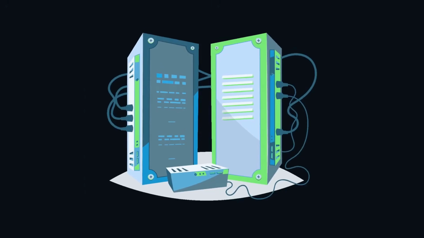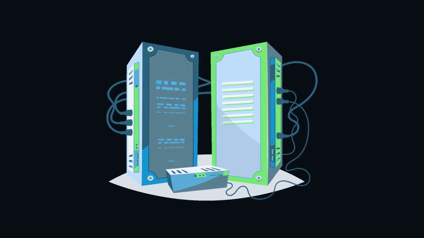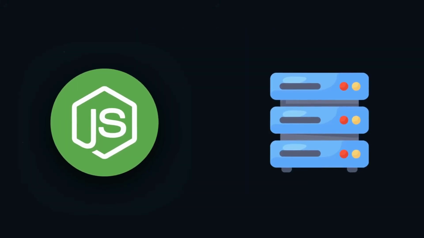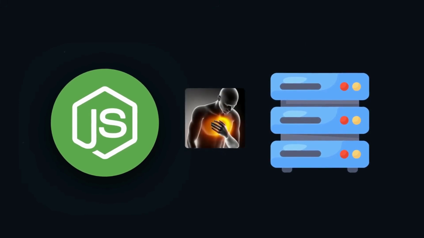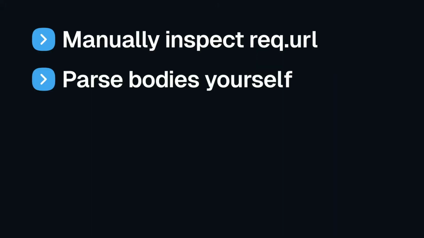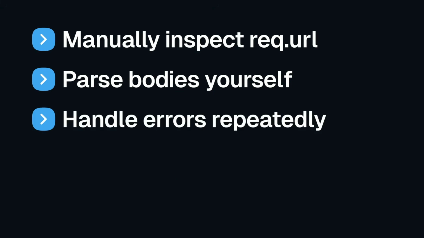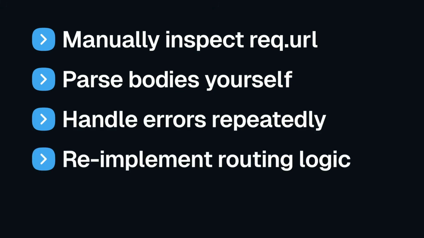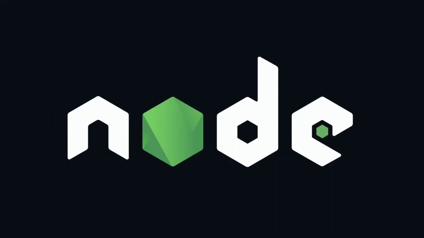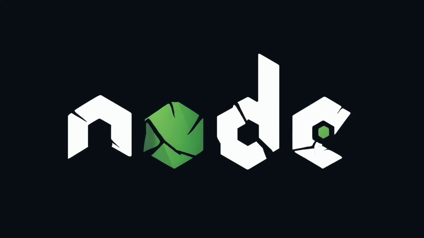And great, you've now built a server, so that's it, right? But not really. Building servers using only Node.js becomes painful very quickly. Raw Node requires you to manually inspect req.url, parse bodies yourself, handle errors repeatedly, re-implement the routing logic, and even build your own middleware system. It works for tiny experiments, but it collapses for real APIs.